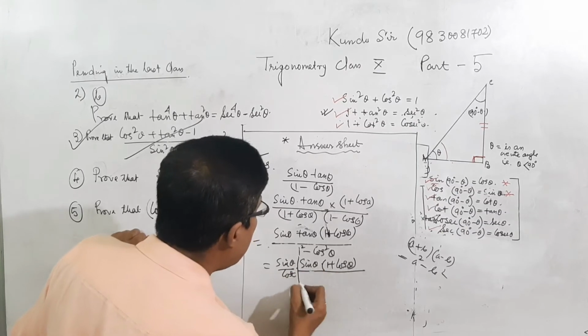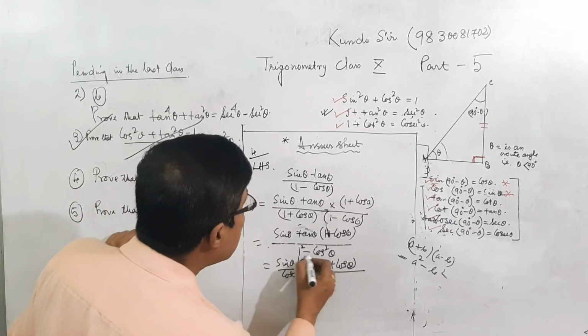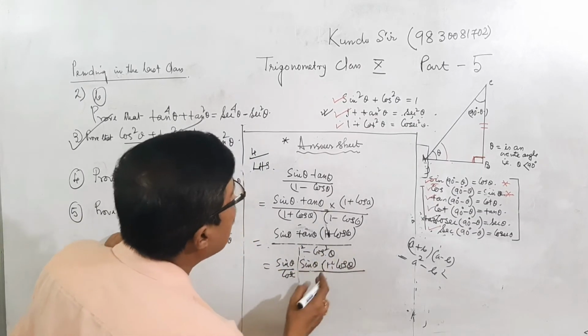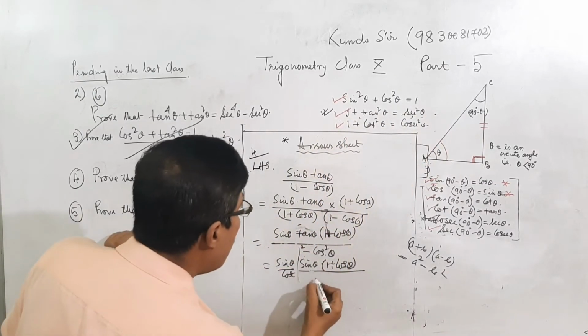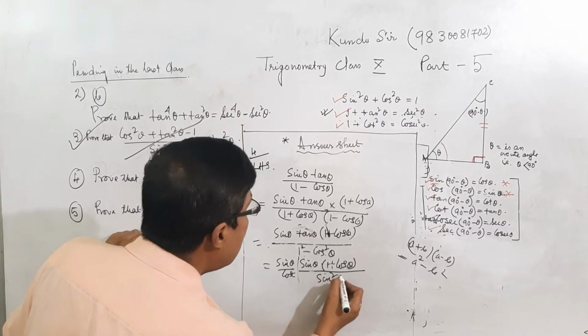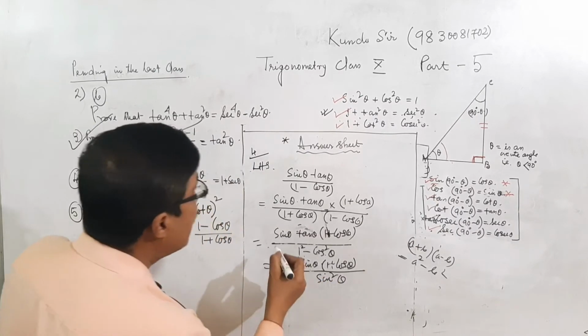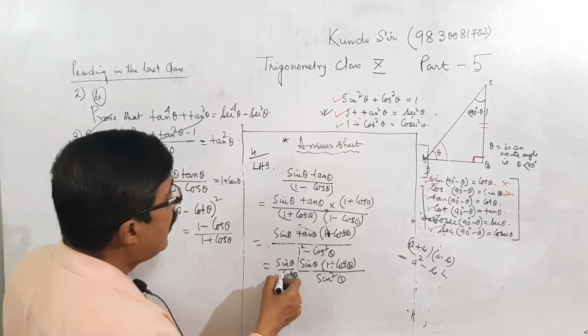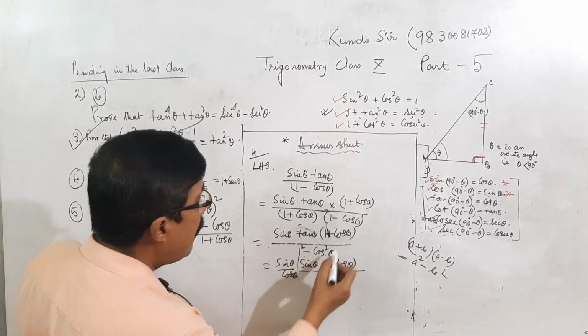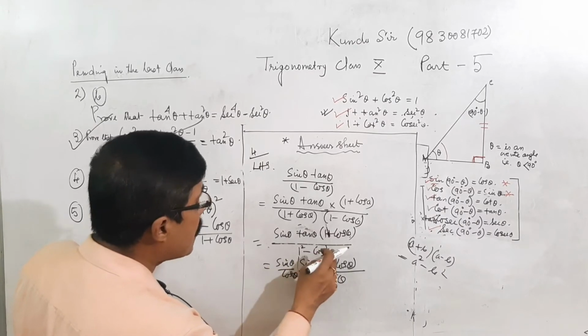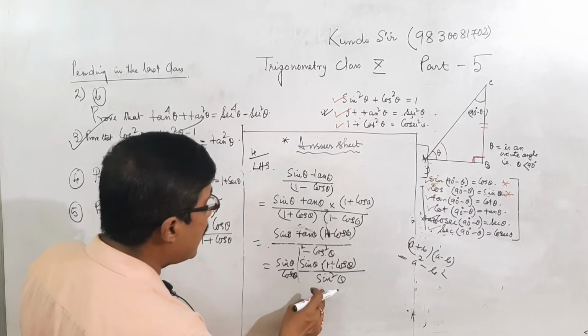And this denominator part is equal to 1 minus cos square theta. 1 minus cos square theta equal to sin square theta. So sin theta by cos theta into sin theta into 1 plus cos theta by sin square theta.